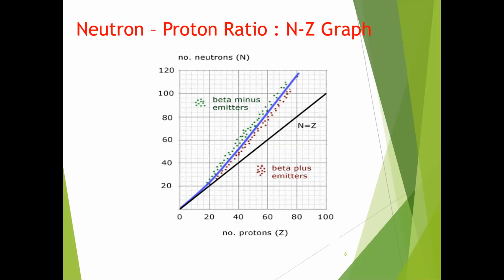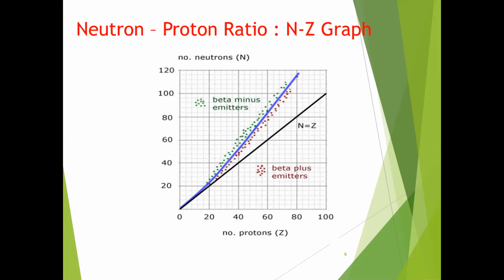As shown in the figure, the neutron proton ratio, or NZ graph, of an atomic nucleus is the ratio of its number of neutrons to its number of protons.